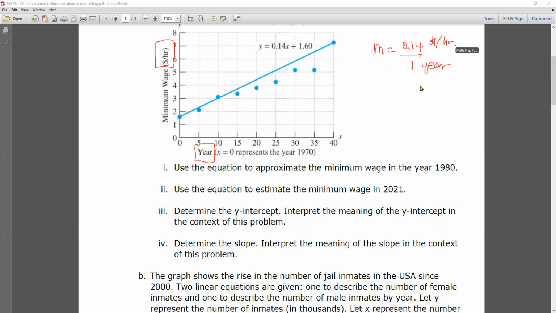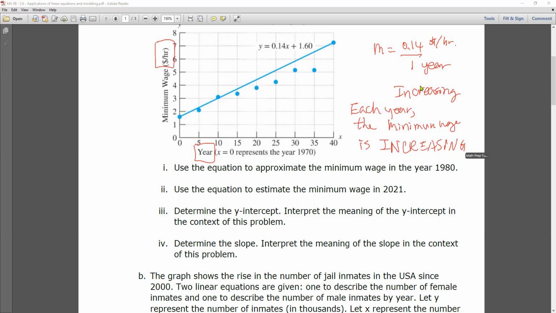Since the slope is positive, we know this is increasing. So the slope of 0.14 means each year the minimum wage is increasing by $0.14, so basically $0.14 per year.